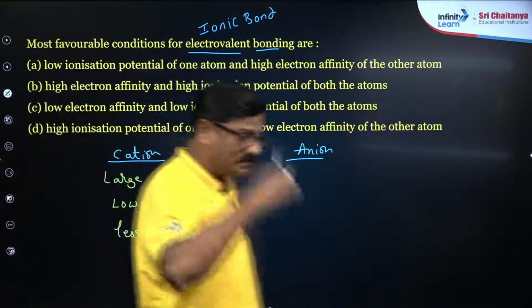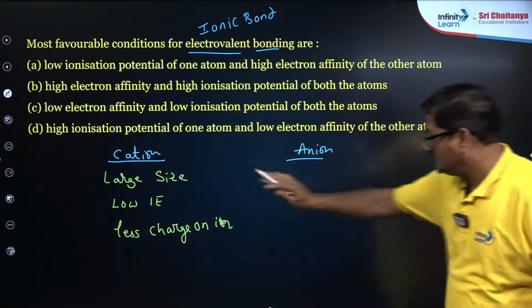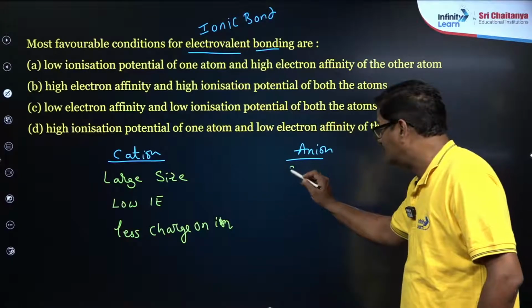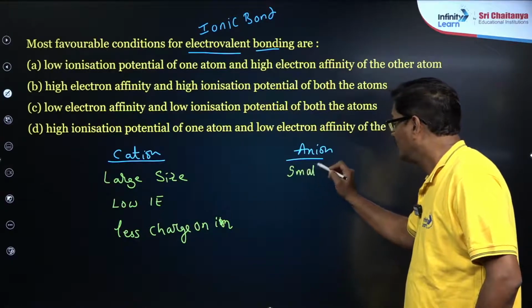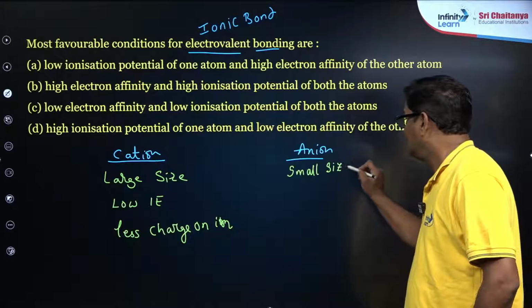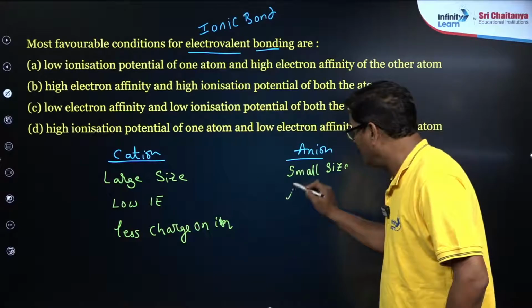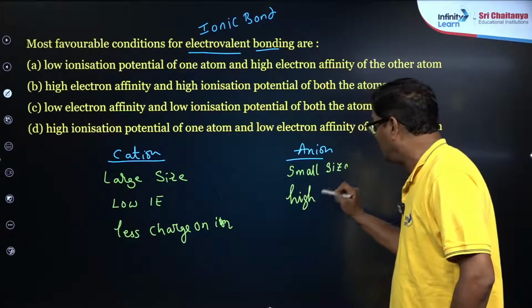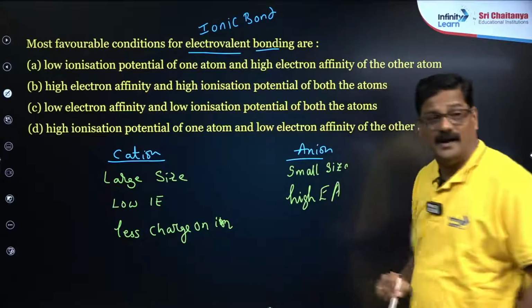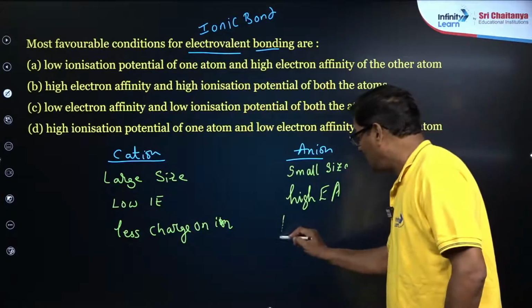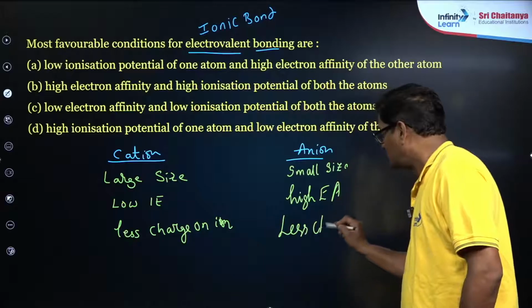When you talk about the anion, it is almost reverse here. It is a small size एवं high electron affinity वाला है, and also you can see this has less charge on it.